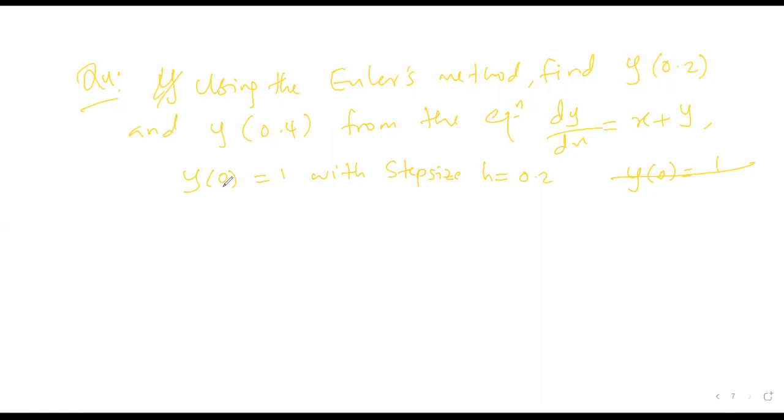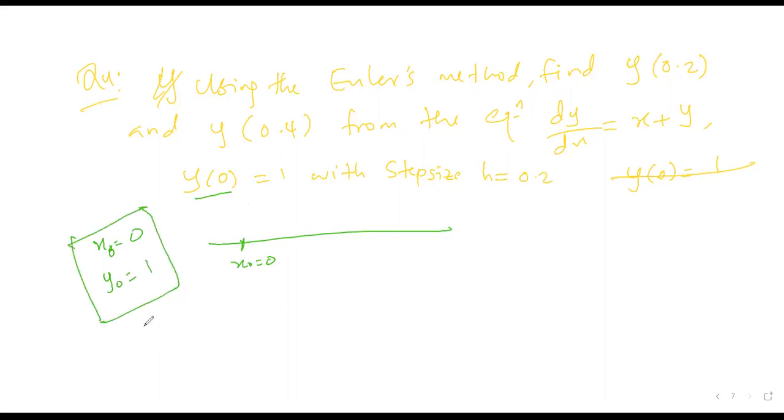Initially they are taking x as 0. So I'll change to another color. What they're saying is our initial point x naught is equal to 0, y naught will be 1. This is how you have to summarize your question. Also h is equal to 0.2, and my equation is dy over dx equal to x plus y.